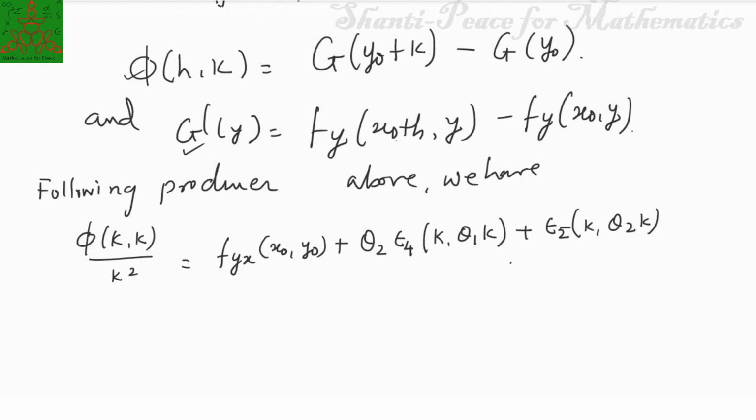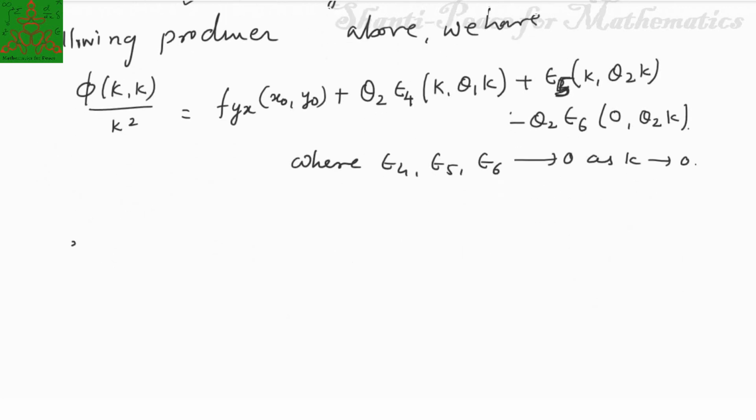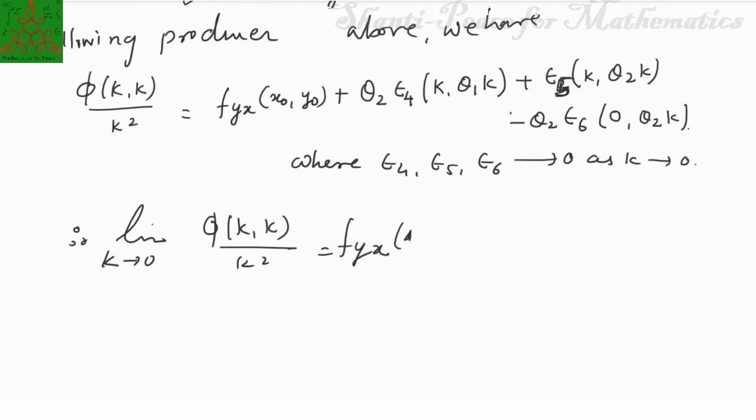Instead of epsilon 2 we'll have epsilon 5 minus theta 2 epsilon 6 0 comma theta 2k, where epsilon 4, epsilon 5 and epsilon 2 are functions that tend to 0 as k tends to 0. So now I apply the limit k tends to 0, phi of k upon k square will give you fyx at x0 y0.